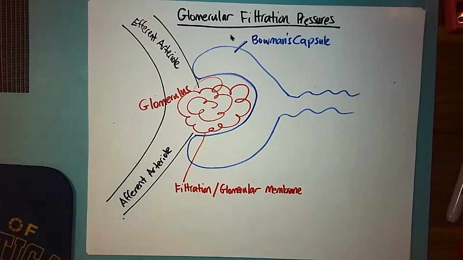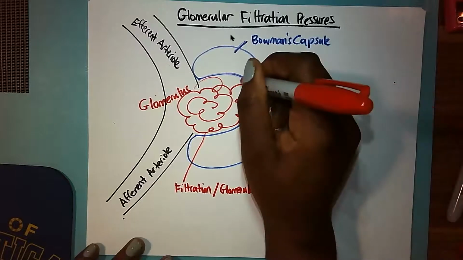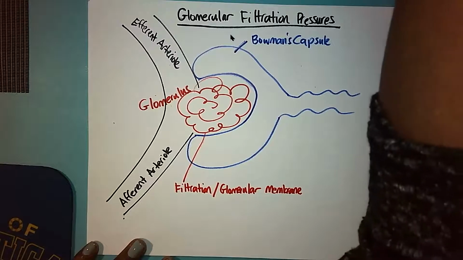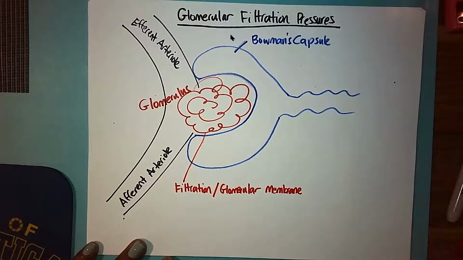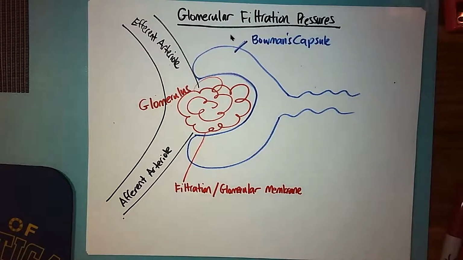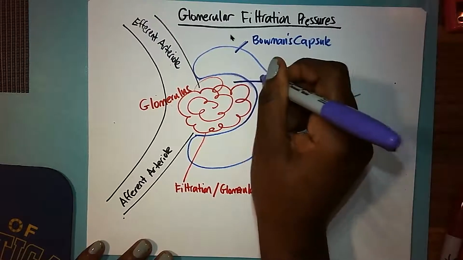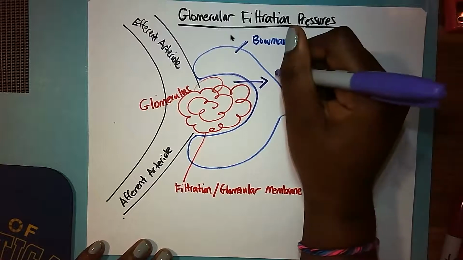All right. So the forces that we're speaking about are acting across this membrane. So we've got the glomerular capillary hydrostatic pressure, which is the first. So this is the glomerular capillary hydrostatic pressure.